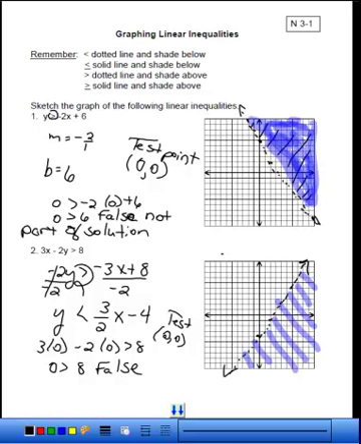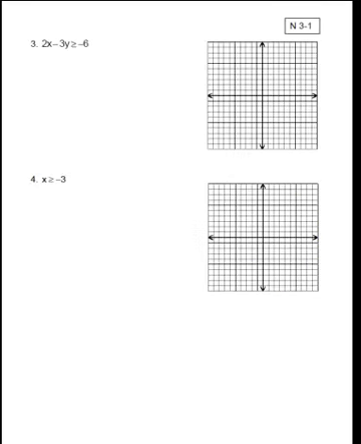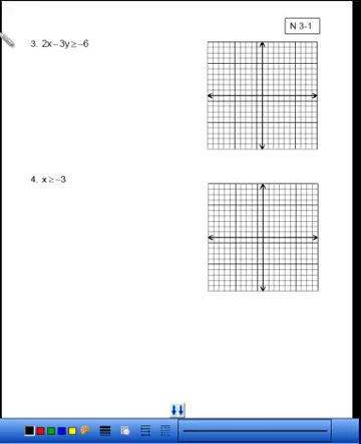So now we're going to use our mouse and go down to the next page. This will clear it as always. Let's graph these two lines. Again, we have to put this in y equals form so we can graph it as a line.